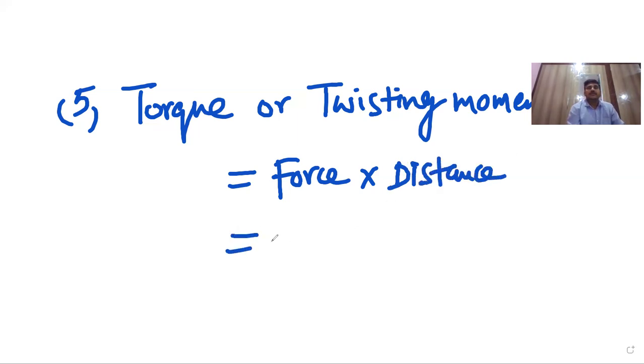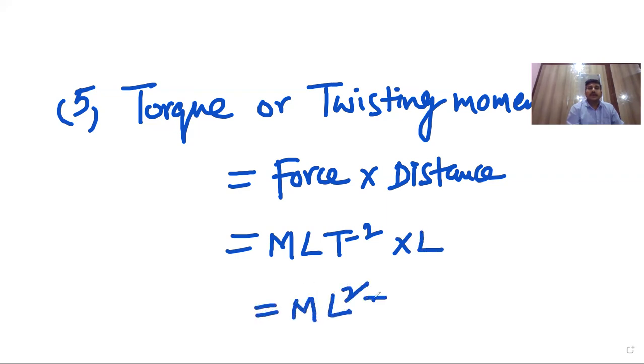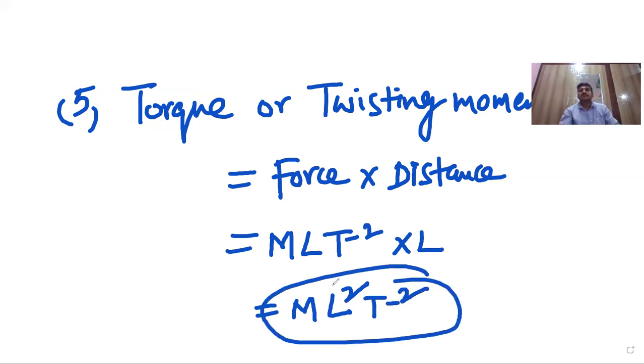Clear? So force, what is the dimension formula? MLT minus 2. Distance is L. So final formula is ML square T minus 2. This is the dimension which is similar to that of the work or the energy.